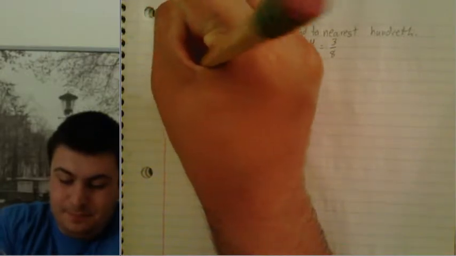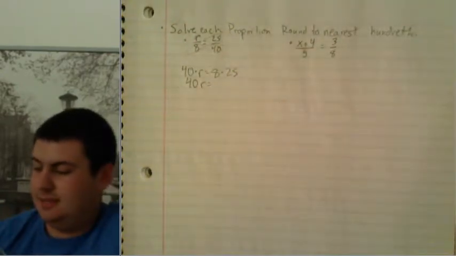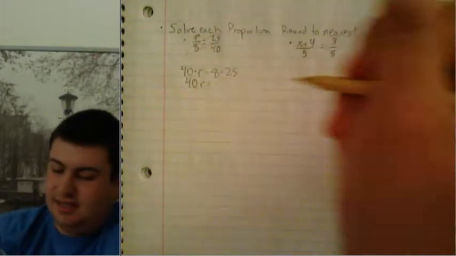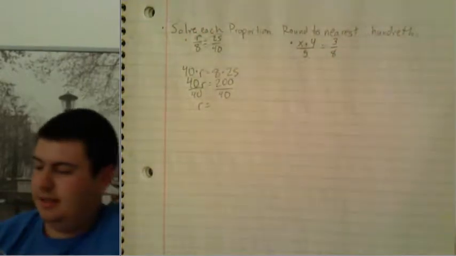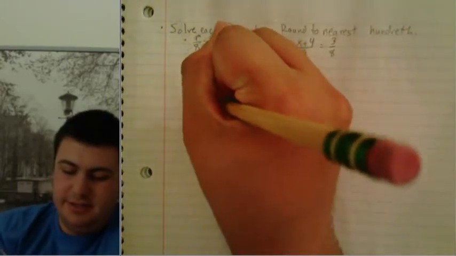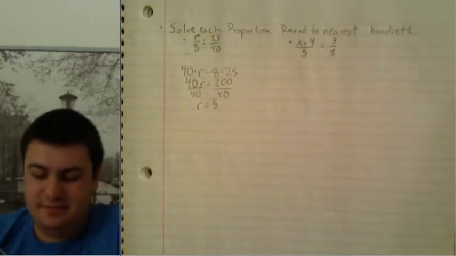That means 40 times r equals 8 times 25. So 40r equals 200. We divide both sides by 40, and r equals 200 divided by 40, which is 5.